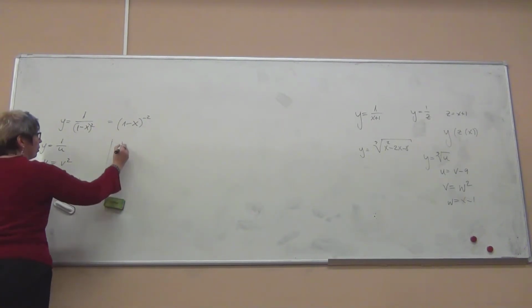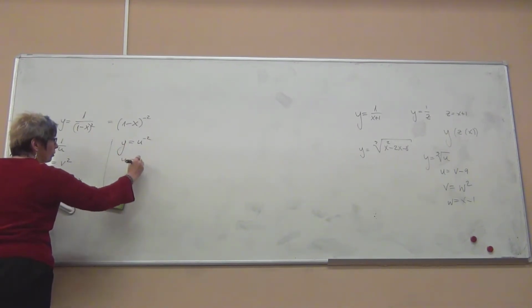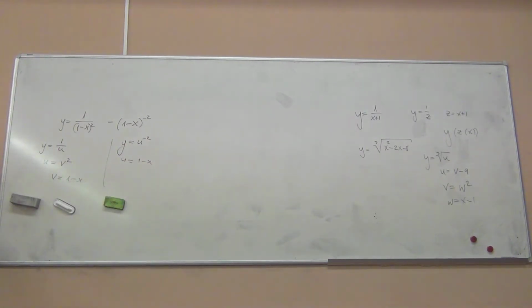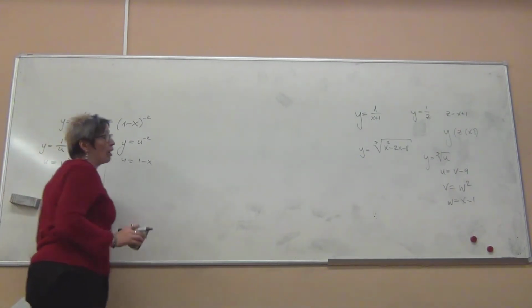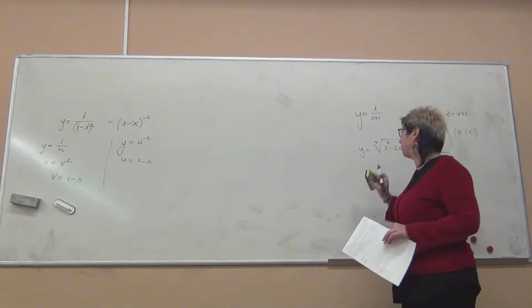So, for example, y equals u to the power minus 2, u equals 1 minus x. We could do it this way. It will depend on how good you are at composite functions and how good you are at differentiation. For practical purposes, you do what is necessary. And for the same practical purposes, you try to avoid doing unnecessary things.